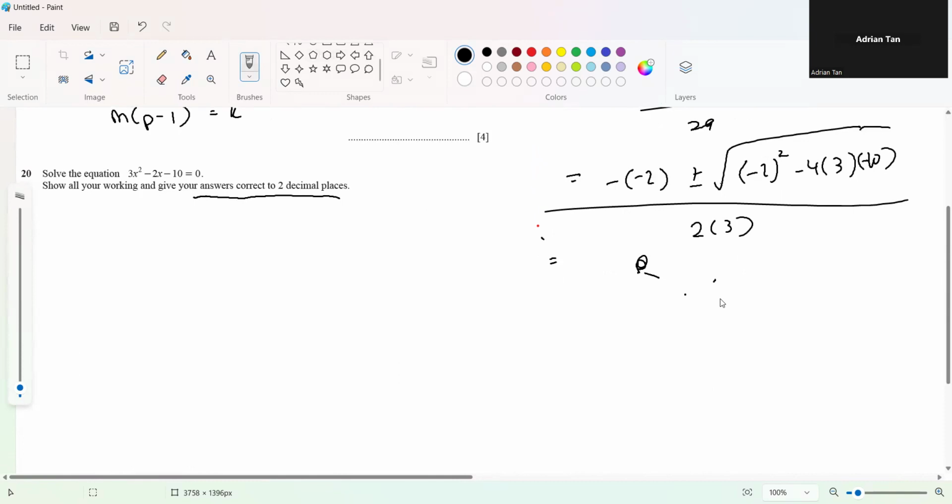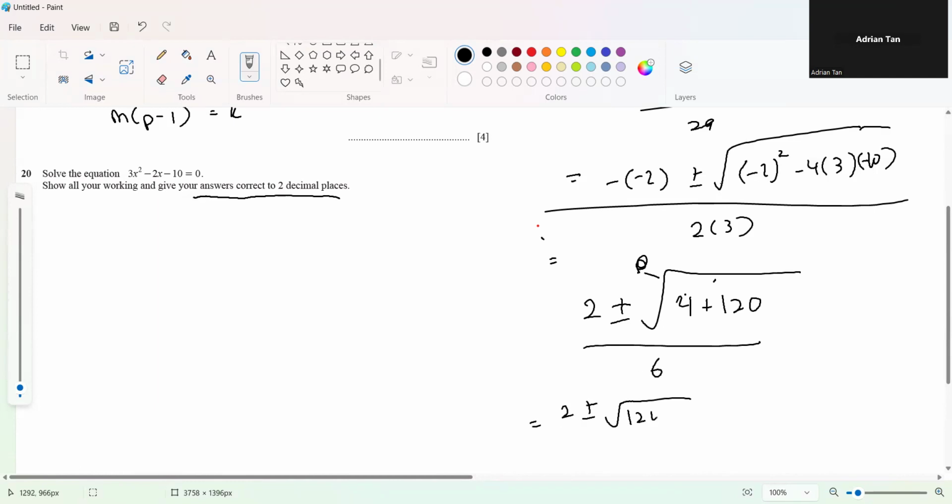There we go. So then from here, we have 2 plus or minus the square root of 4 plus 120, the whole thing divided by 6. So this will be 2 plus or minus the square root of 124 over 6. From there, we can split into two answers: 2 plus square root of 124 over 6, and the other one is 2 minus square root of 124 over 6.